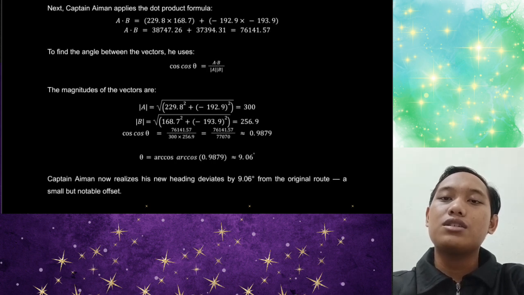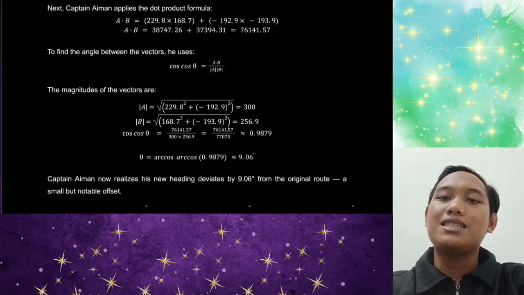Okay, next for cos theta: cos theta is equal to 76141.57 divided by 300 times 256.9, which is 76141.57 over 77070, equal to 0.98779, and theta equals arc cos of 0.98779, and we got theta is 9.06 degrees.